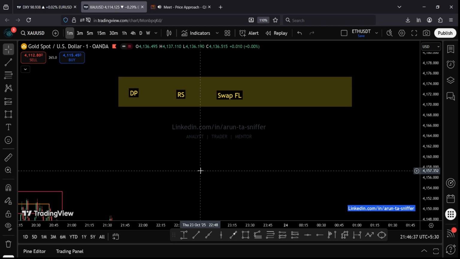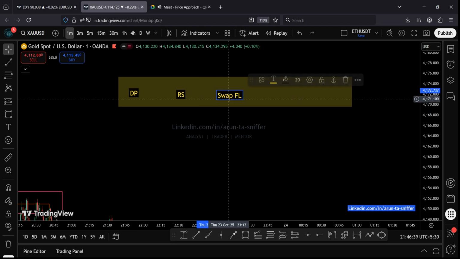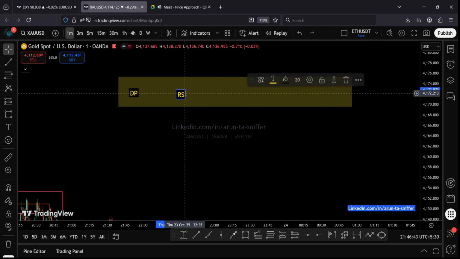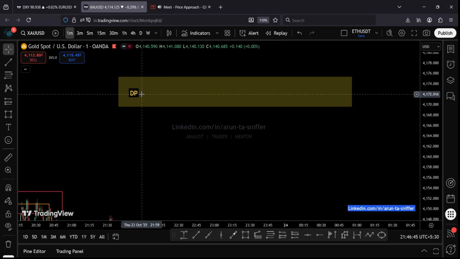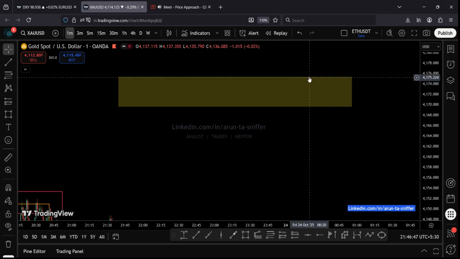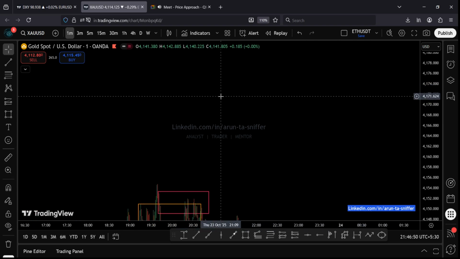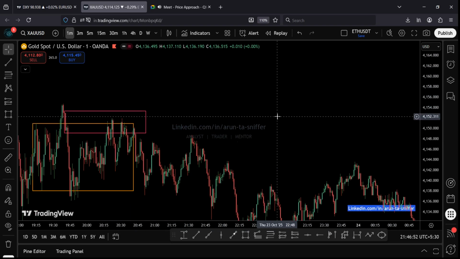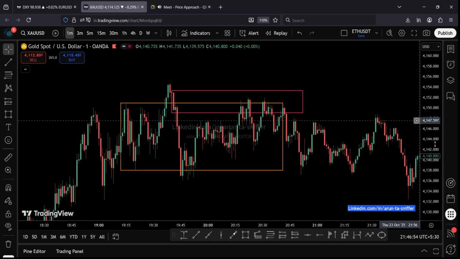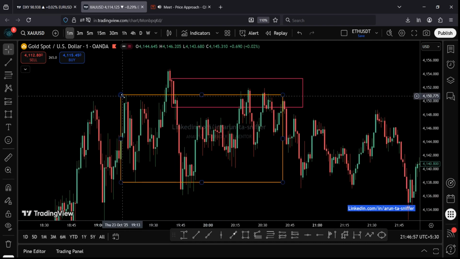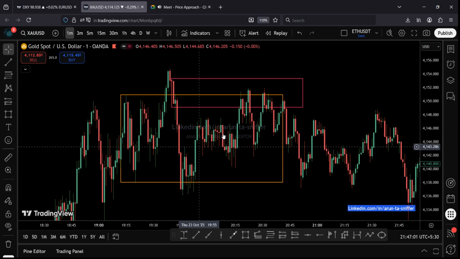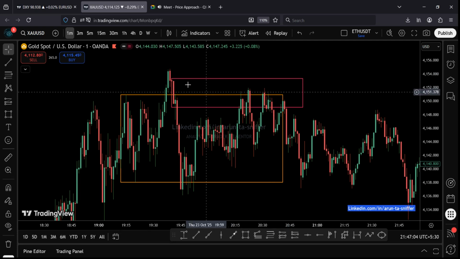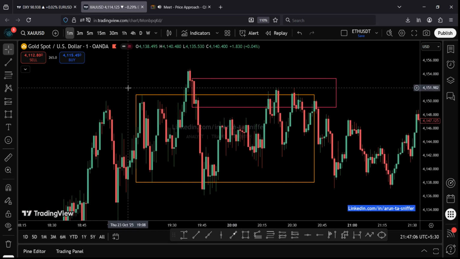Usually what we see in QM structure is our DP at LSK. LSK means left shoulder kink. If you look at this, this is left shoulder, this is head, this is right shoulder, right? And kink is what? Kink is where a line goes through a candle.